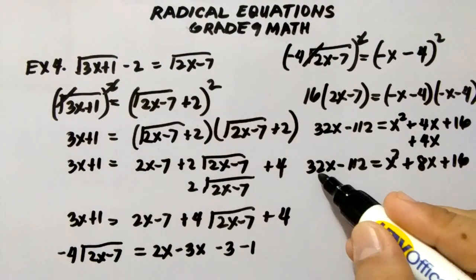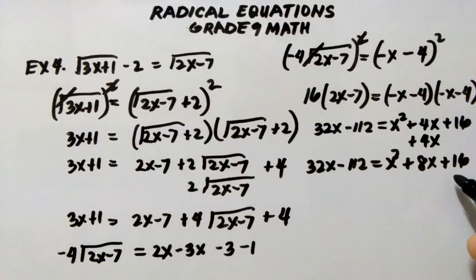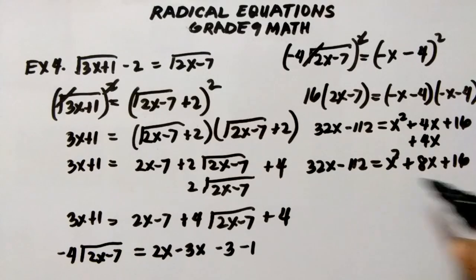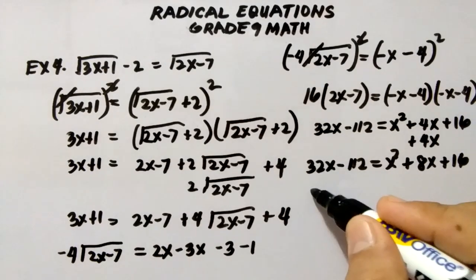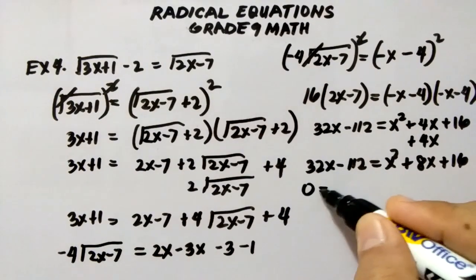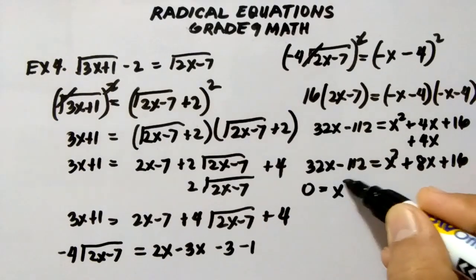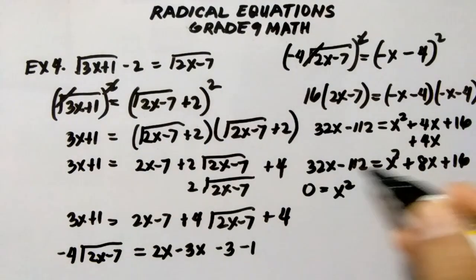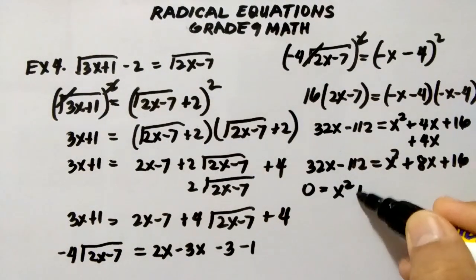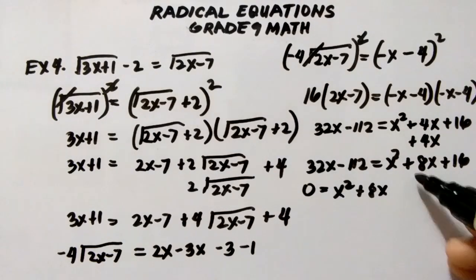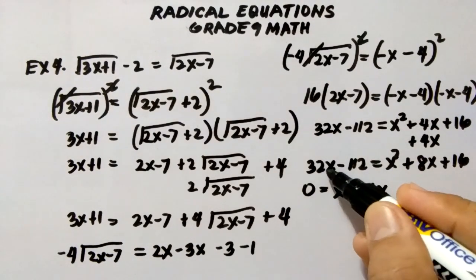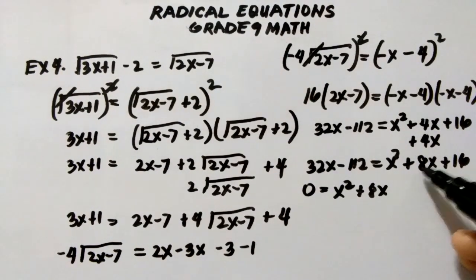Then, ito pong nasa left side, transpose natin lahat dito. Pagsamahin po natin, o simplify natin, so combining like terms po tayo. So, we have 0, is equals to x squared. Okay, so wala pong kapareho ang x squared. So, 8x plus 8x. So, may kaparehas po yan. Ito, negative 32x. Transpose po natin dito sa right side.